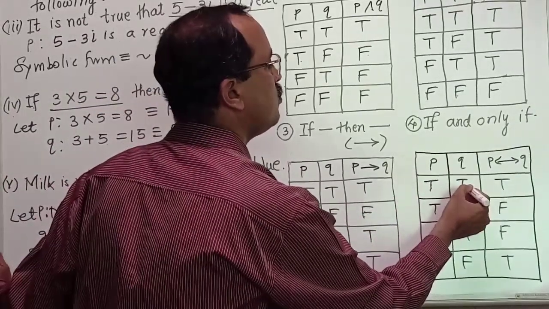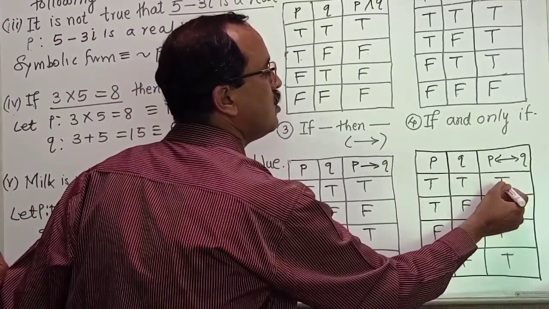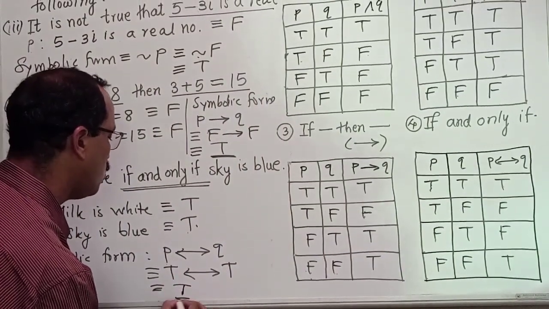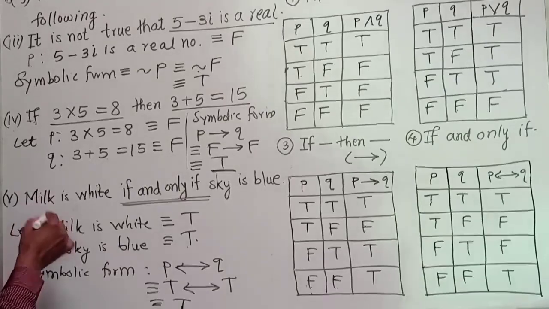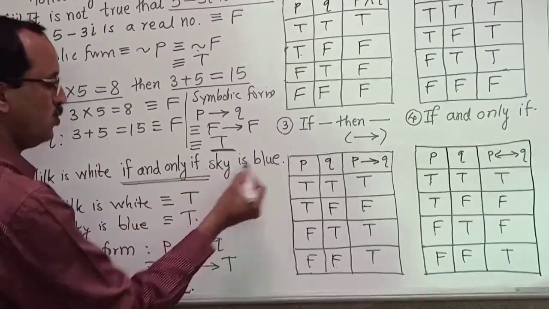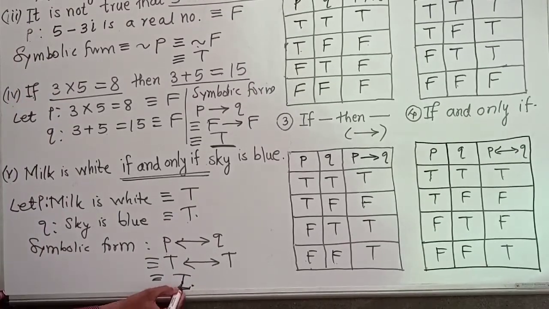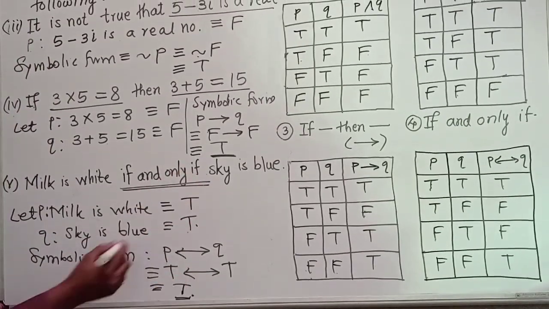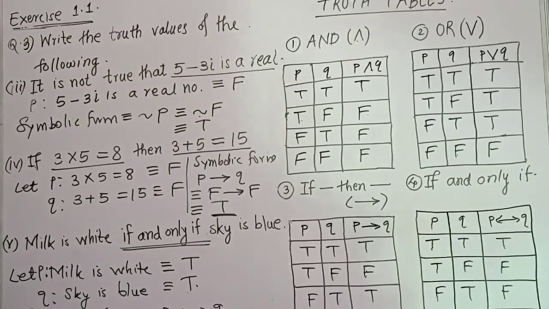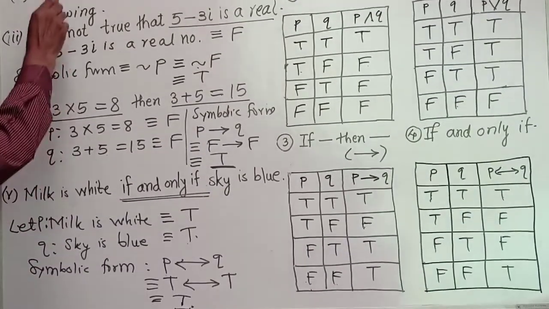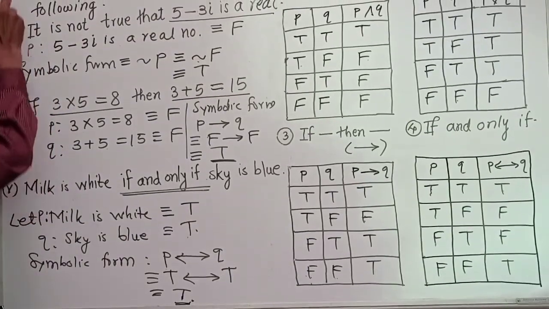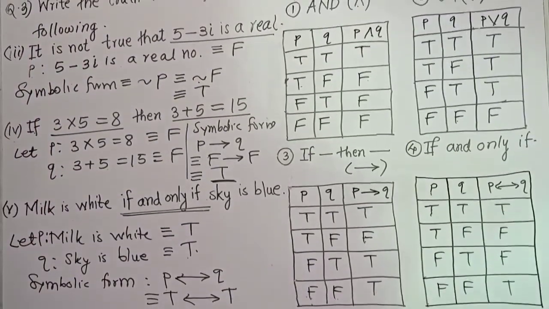T if and only if T, we get the resultant statement T. So the truth value of the compound statement, milk is white if and only if sky is blue, is true. So in this video we solved examples from exercise 1.1, question number 2 and question number 3.